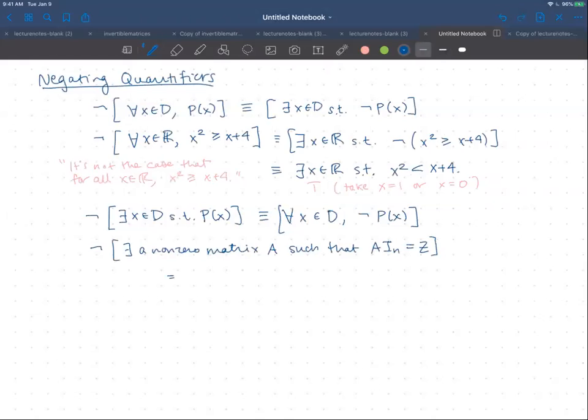That is logically equivalent to saying for all non-zero matrices A, it is not the case that A times I_N is 0. Oops, A times I_N.